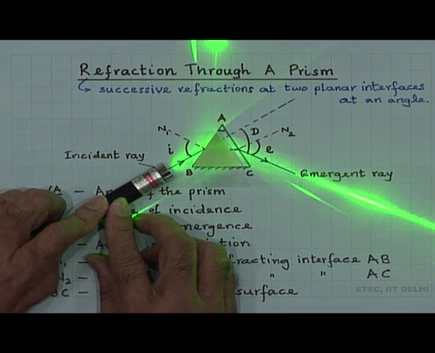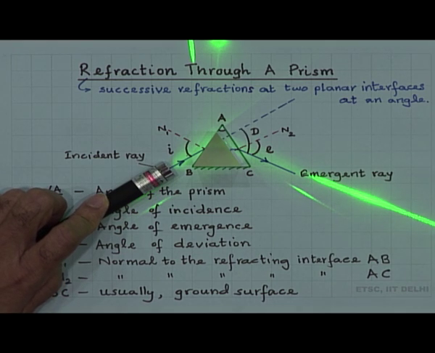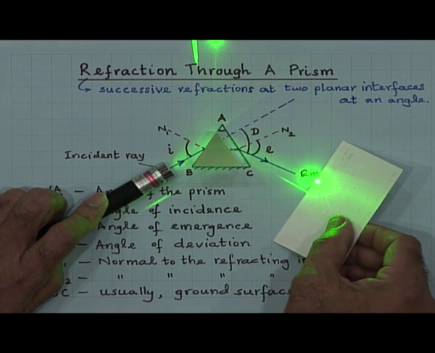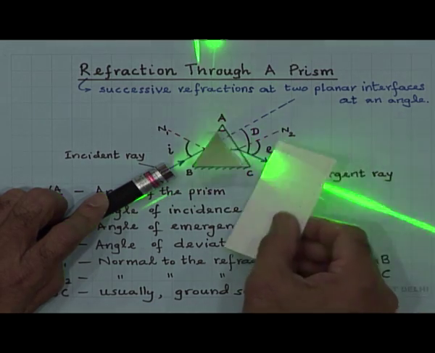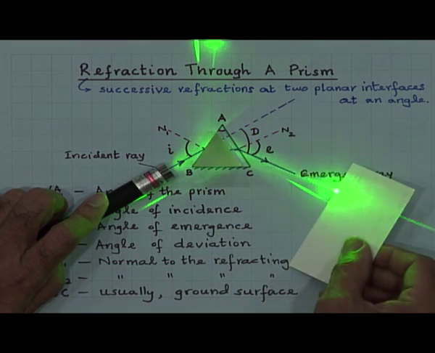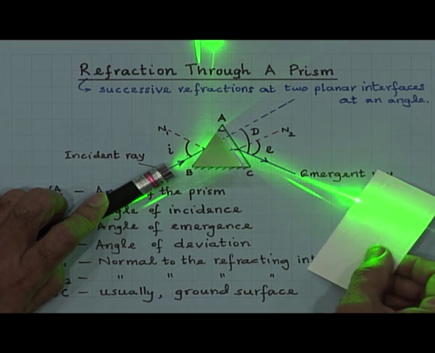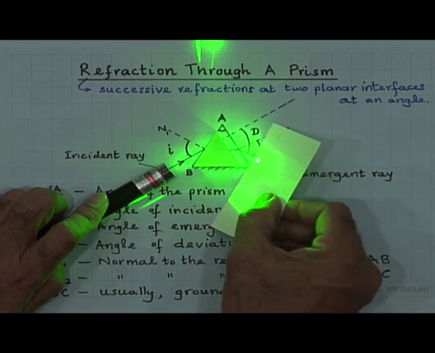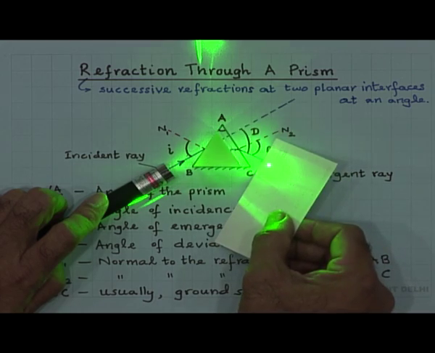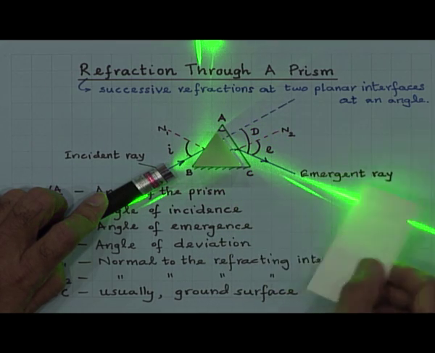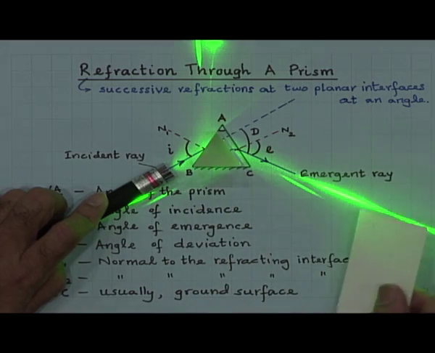Here is the laser beam, and we can see that the beam comes out on the other side along the other line which I have drawn. The emerging ray is the laser beam after refraction through the prism.